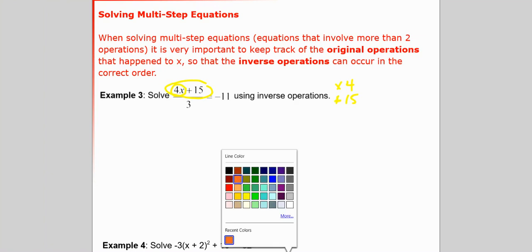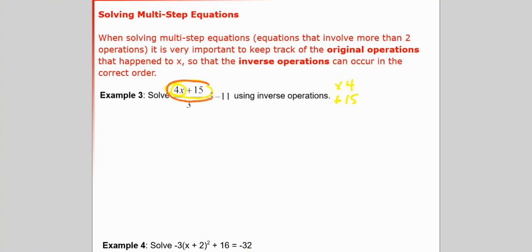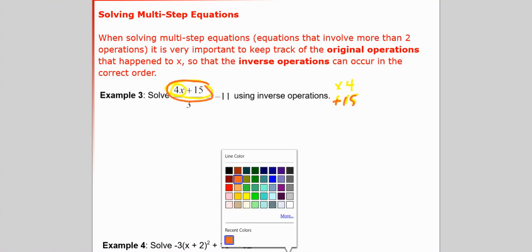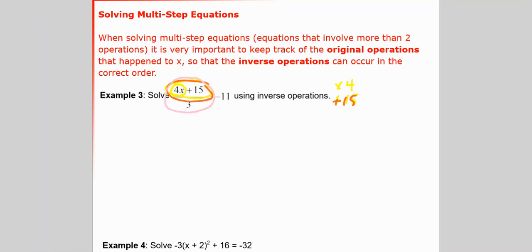It's kind of cool to do maybe a different color. And finally, the third layer of this, I don't know what color to pick, pink here, is we are being divided by 3.